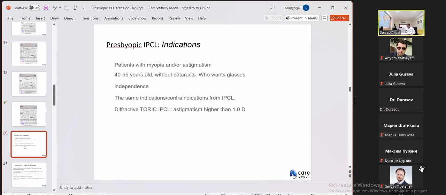Yeah. So these are the indications for the presbyopic IPCL.